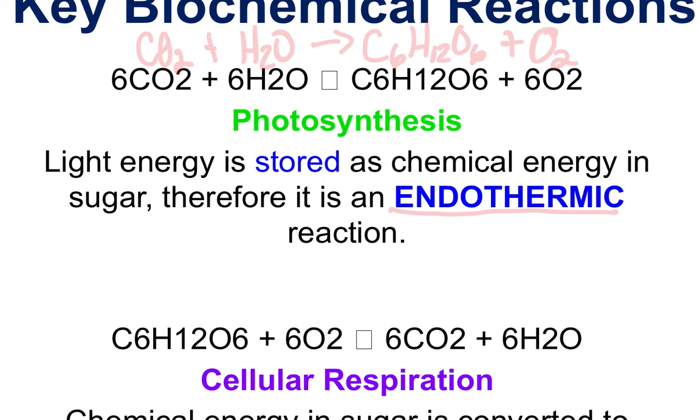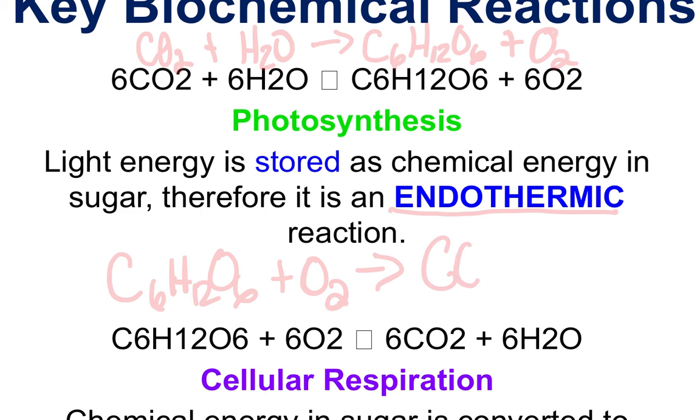Cellular respiration is that reaction in reverse. I have my sugar, C6H12O6, glucose, and I'm going to use oxygen to respire and put out carbon dioxide and water. That is the reaction for cellular respiration.